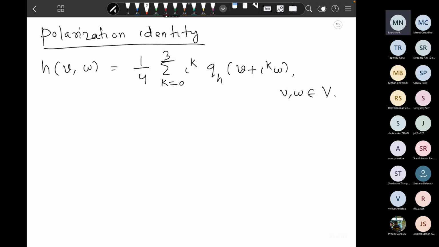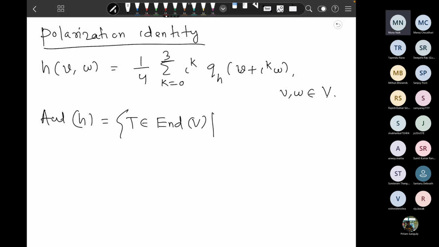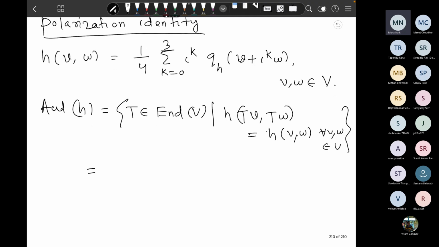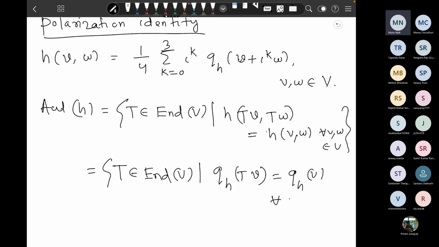Okay, so now I look at the automorphism group of H. This is the set of T belonging to the endomorphisms of V so that H of Tv, Tw is equal to H of v, w for all v, w belonging to V. And because of this polarization identity, this will be the same thing as T belonging to the endomorphisms of V so that Q_H of Tv is equal to Q_H of v for all v belonging to V. Okay, this is because of the polarization identity.